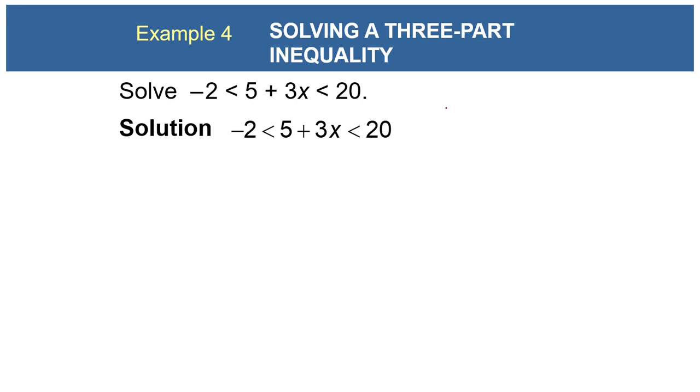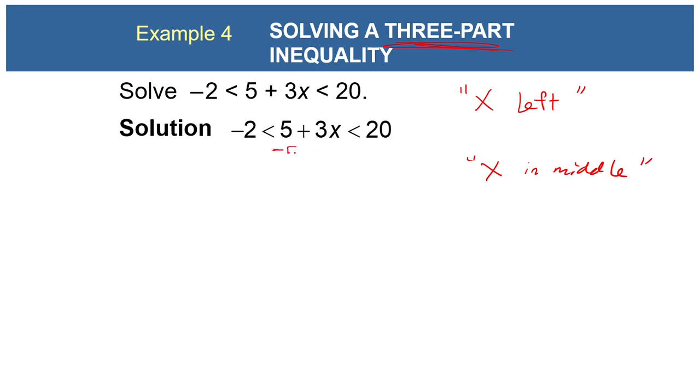Typically for an inequality, you want the x on the left side, and you're going to isolate the x on the left and solve the inequality. For a three-part inequality, it's a little bit different. I want x in the middle. It will be easier to solve if x stays in the middle for a three-part inequality. Notice here we have 5 plus 3x in the middle.